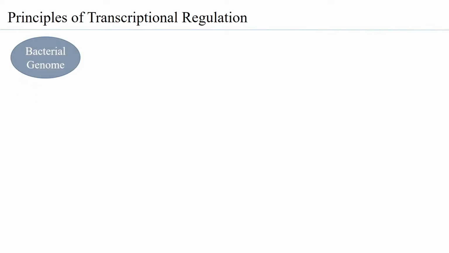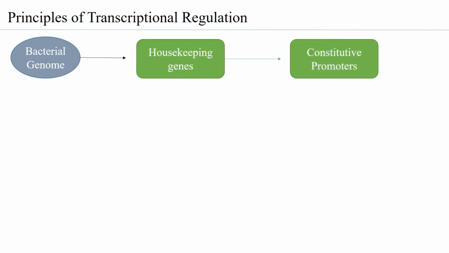So let's consider we have a bacterial genome, and in the bacterial genome, there are certain genes that are called housekeeping genes. What does this mean? It means that these genes are expressed within the cell at all times. So these genes are mainly having promoters that are called constitutive promoters, in the sense that these promoters can be bound to by the RNA polymerase and the initiation can start anytime, and these promoters are also more accessible for transcription.